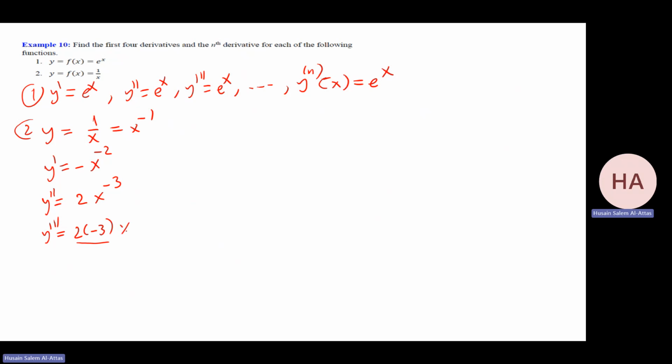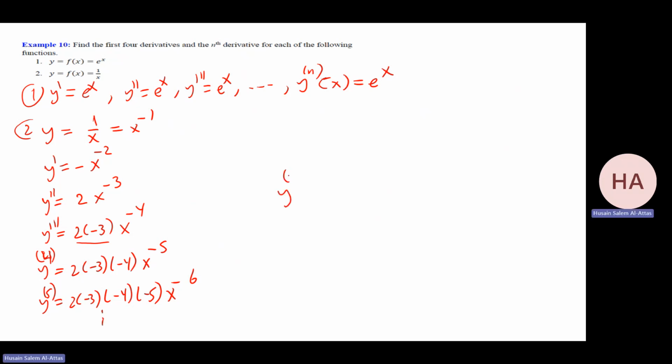Don't do the product, to see the pattern. y fourth will be 2 times minus 3 times minus 4, x to the power minus 5. y fifth will be 2 times minus 3 times minus 4 times minus 5, x to the power minus 6.